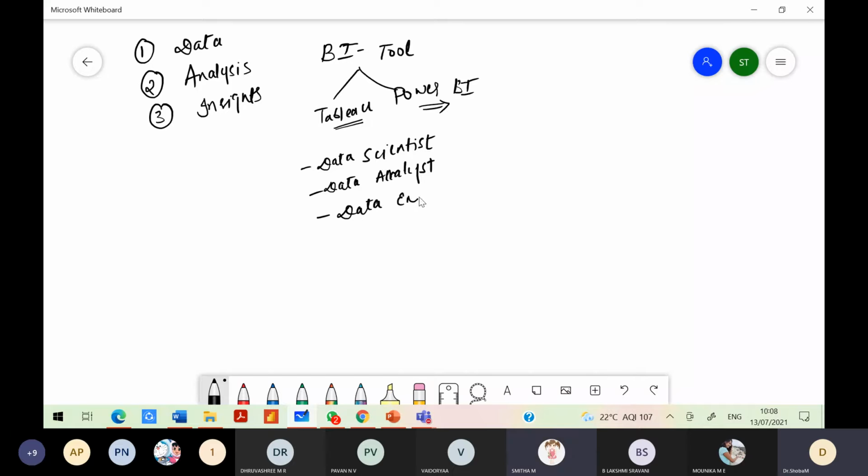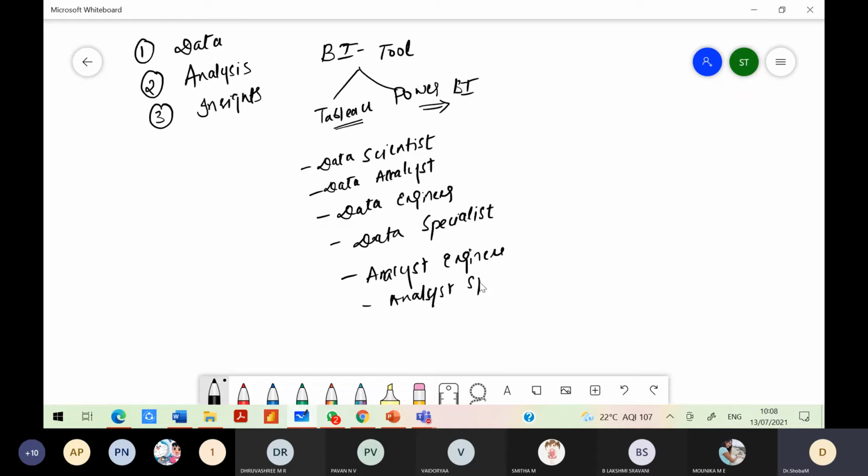Data engineer. Yes, data engineer. Data specialist also, this sort of designation exists. Then analyst engineer or analyst specialist, right? So it continues.